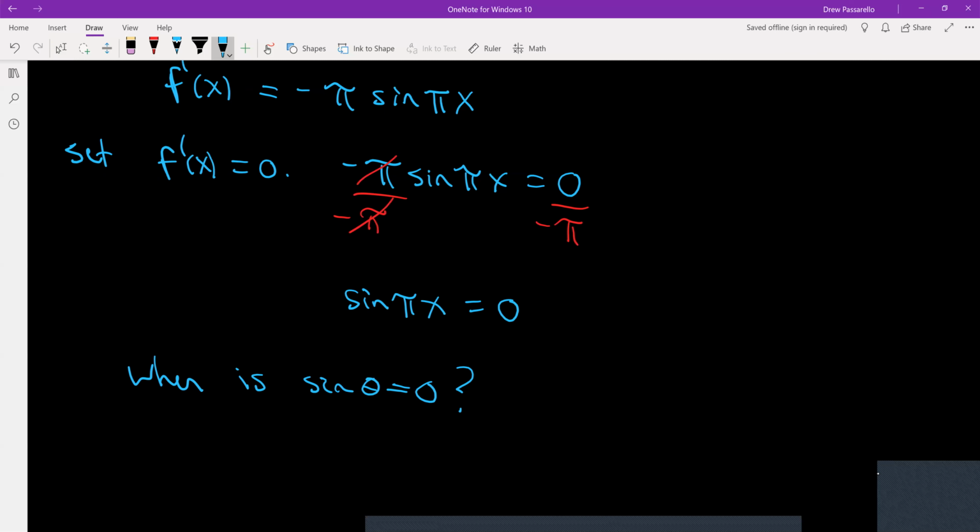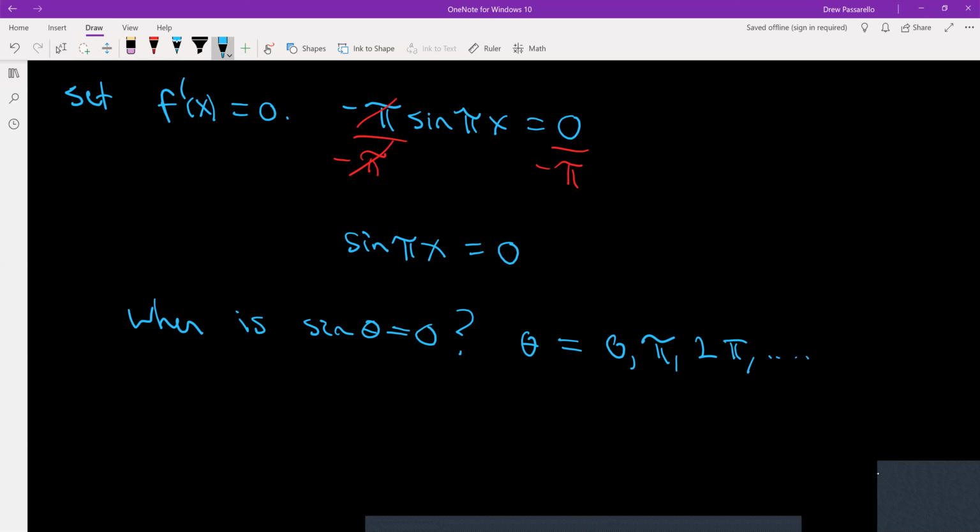Well, that happens when the angle theta is 0, pi, 2 pi, and so forth. So really, this happens when we have n times pi, so it's a multiple of pi. You could also have negative pi, negative 2 pi, and so forth. So it'd be n times pi, where n is an integer.